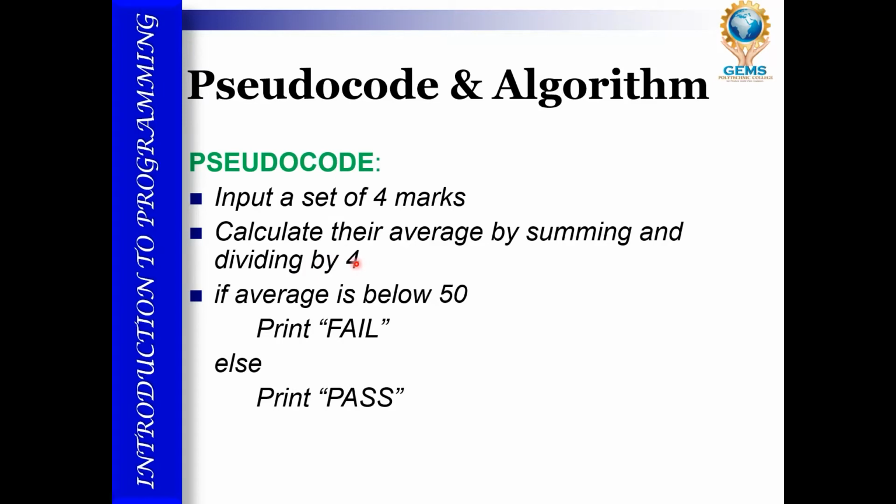How are we going to calculate the average? We get all the 4 inputs and divide by 4. If the average is below 50, then print fail, else print pass. This is written in an informal, or we can say artificial, language. So any normal person can understand this pseudocode.